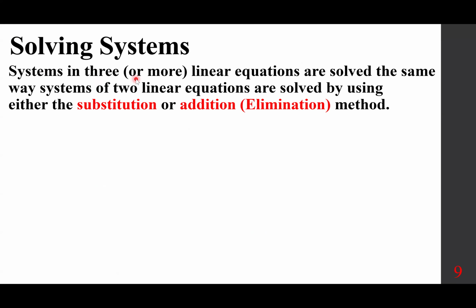Systems of 3 or more linear equations are solved the same way systems of 2 linear equations are solved, by using either the substitution or addition, also known as elimination method.